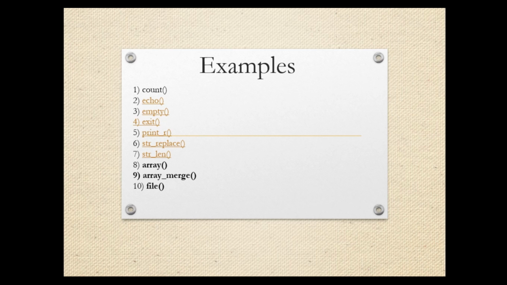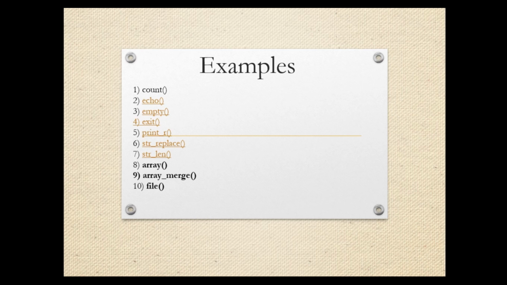Next one we have array underscore merge. Array underscore merge will combine two arrays. For example, I have taken two arrays in my program. When I use this function, array underscore merge, it will combine the two arrays that we have taken. For example, I declare array 1 as ABC and PQR. The second array I have taken is XYZ and KLM.